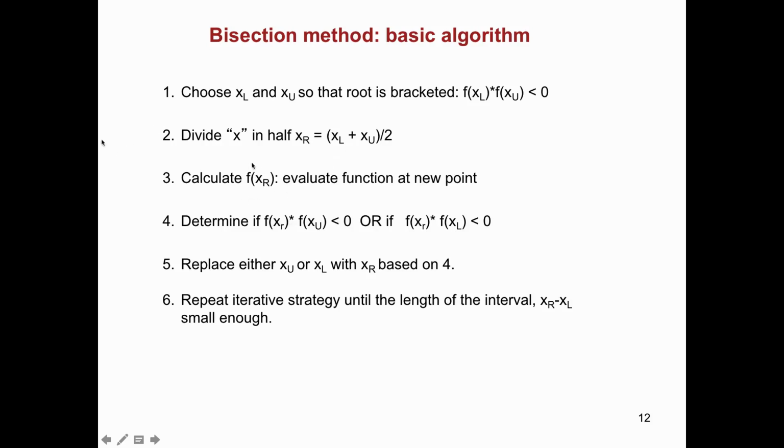And I'm going to calculate f of this midpoint. And then if f of xr times f of xu is less than 0, I'm going to either replace the lower or upper bound, depending on which of these cases is true. And I'm going to keep going, okay, until the difference between these two values, upper and lower, is less than some number that I want. Lots of hand waving. Let's apply.